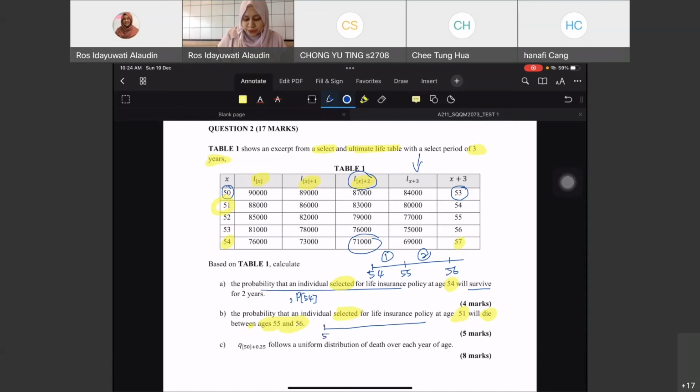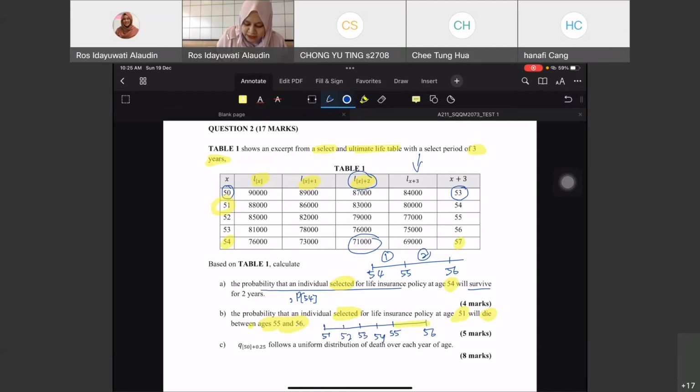So now he is 51. The current age that he joined the life table is age 51. But we are interested to know the probability that he will die between age 55 and 56. So how many years to go to 55? So 52, 53, 54.